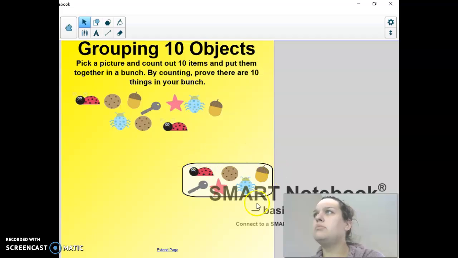Now, I have a question. Are there more objects over here? Yeah, there are. Okay, but our objective today says we are going to circle a group of 10 and then find the leftover ones and then say, I have a group of 10 and blank ones, however many are left over.